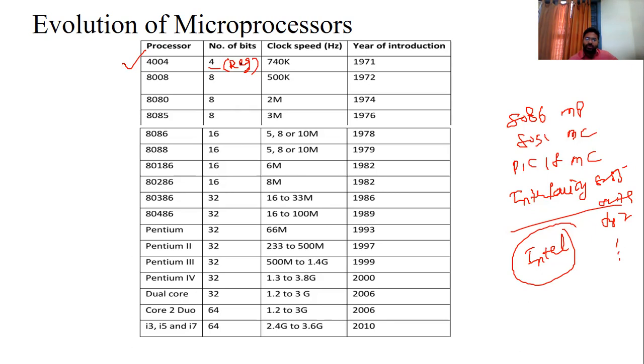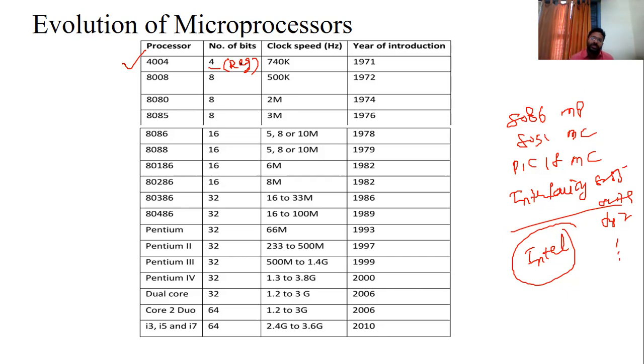I will tell you what the use of the registers in the CPU is. As you know, the ALU can perform arithmetic and logical operations, so you require the ALU. Then you know the timing and control unit. Why the timing and control unit? It generates clocks to control each and every part in the microprocessor, and at the same time the connected devices outside, namely memory and input output devices.